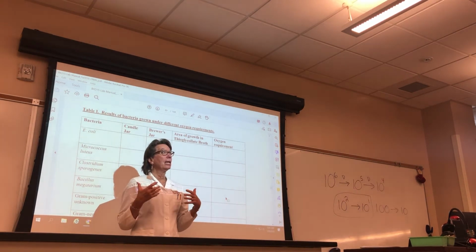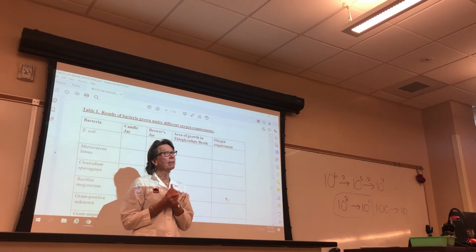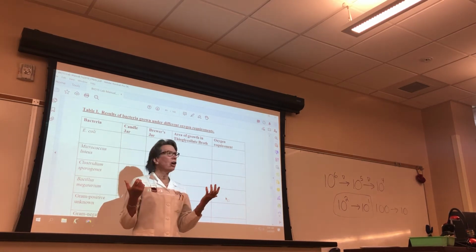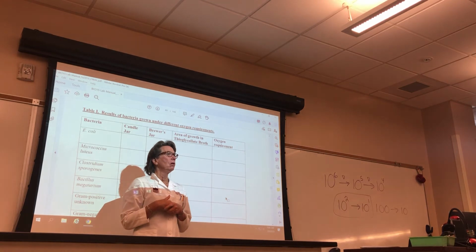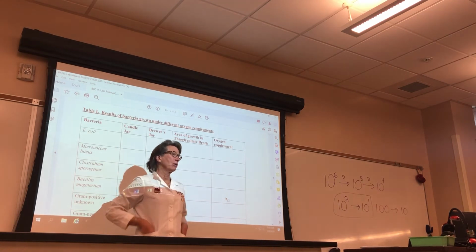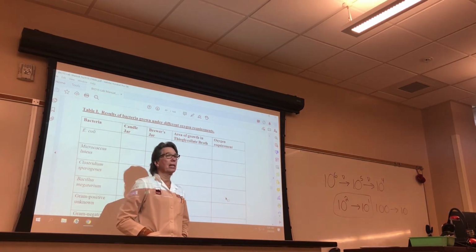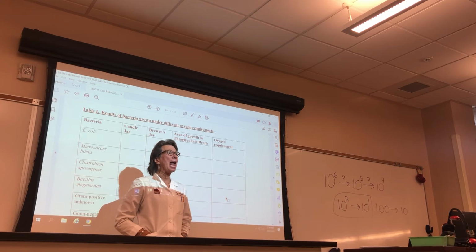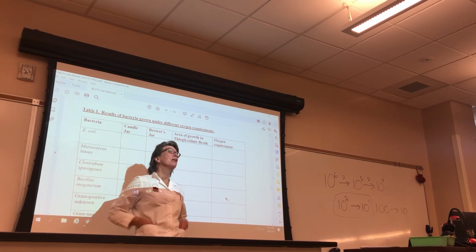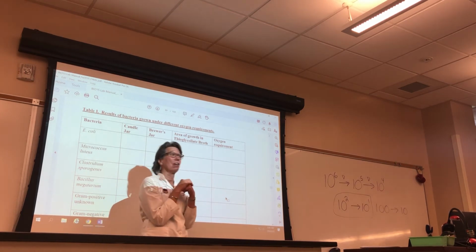And then finally, what about the facultative, guys? Sure, it's flexible. So what won't grow in the candle jar? The anaerobe. The anaerobe should not grow in the candle jar, because there is a little bit of oxygen in there.